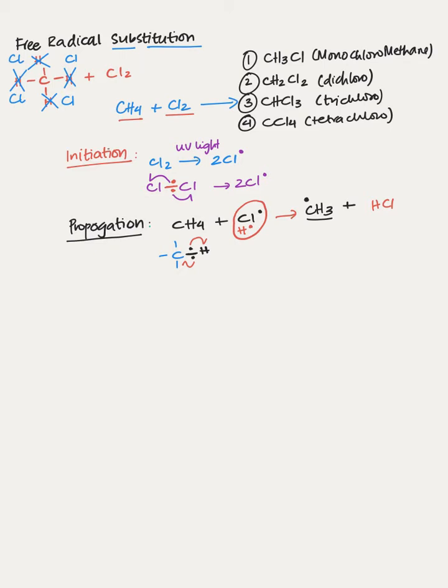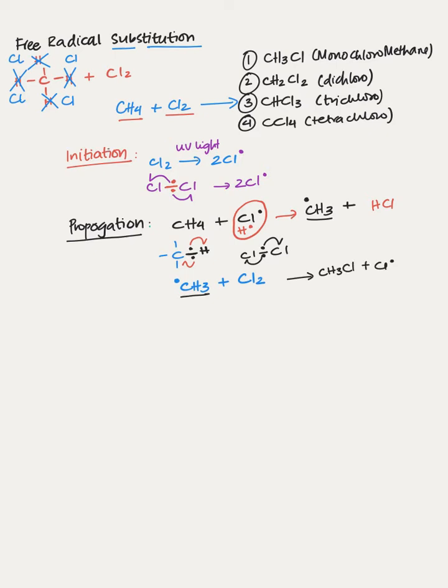Now, this methyl radical, CH3 radical, joins with a Cl2 molecule. This Cl2 molecule will break homolytically, giving two radicals. One radical will be obtained as it is at the end, and one radical will join with this methyl radical, giving CH3Cl.